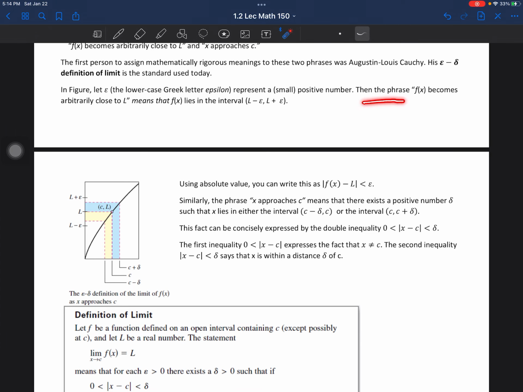And then the phrase f of x becomes arbitrarily close to L means that f of x lies within an interval that is very small.